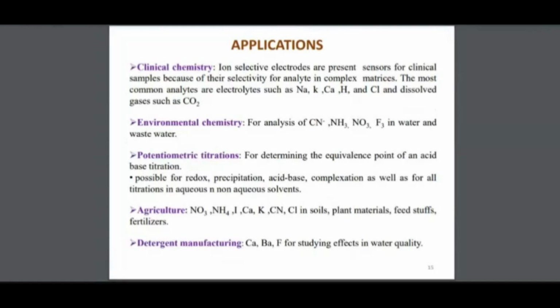Okay, then application in agriculture, determination of NO2, ammonia, iodine, calcium, potassium, cyanide, chlorine in soil, plant materials, even feedstuff in the animal industry. Then for fertilizers, and applications in detergent manufacturing, determination of calcium, barium, fluorine, and the effect of these on water.